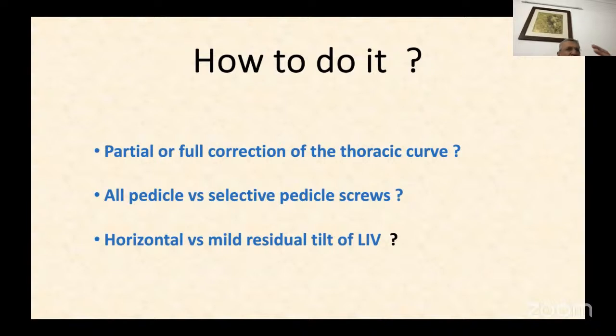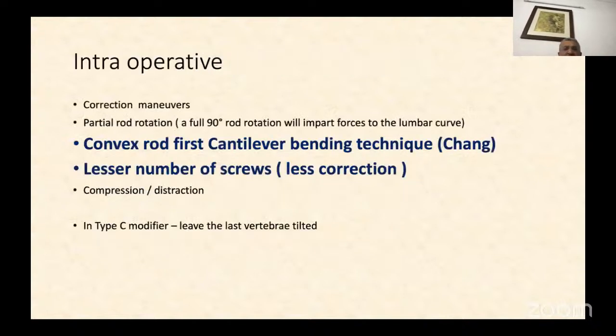Therefore, once you have chosen this, three questions come to mind: whether to go for partial or full correction of the thoracic curve, whether to put all pedicle screws at all levels or selective pedicle screws, and whether to horizontalize the lower instrumented vertebra or give a mild residual tilt of the LIV.